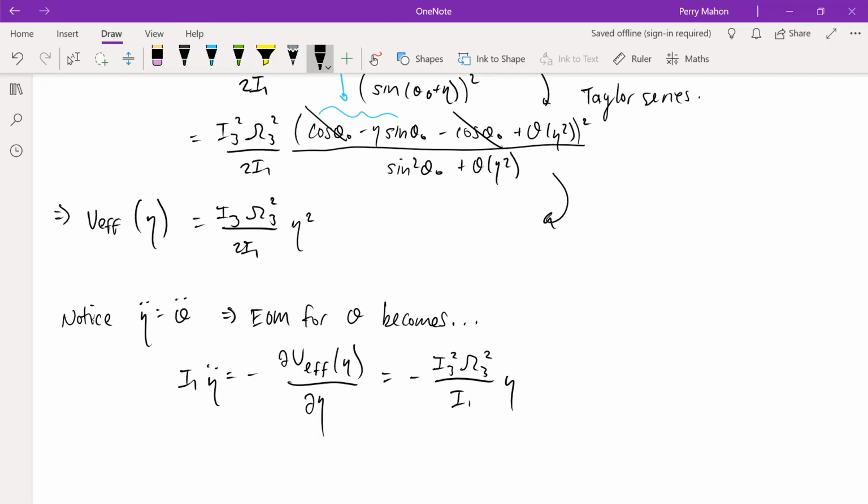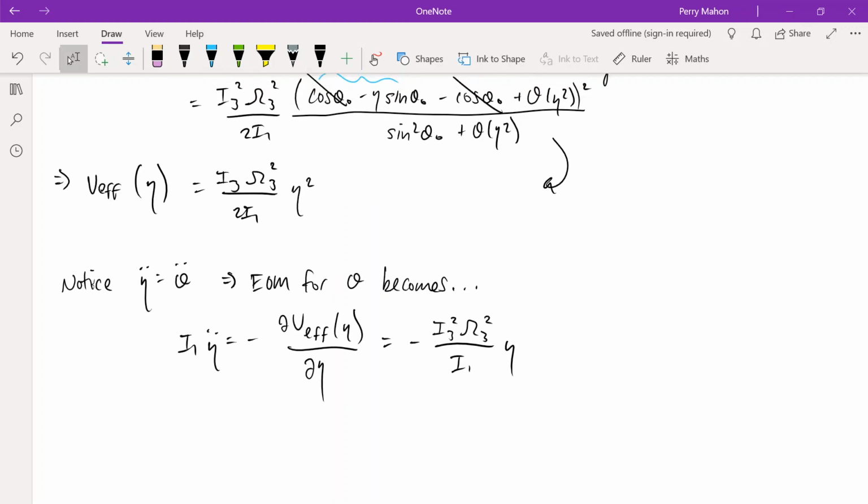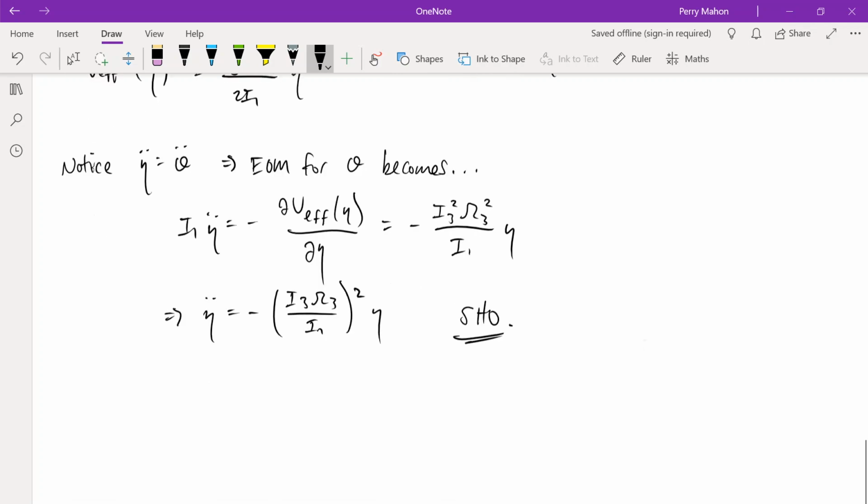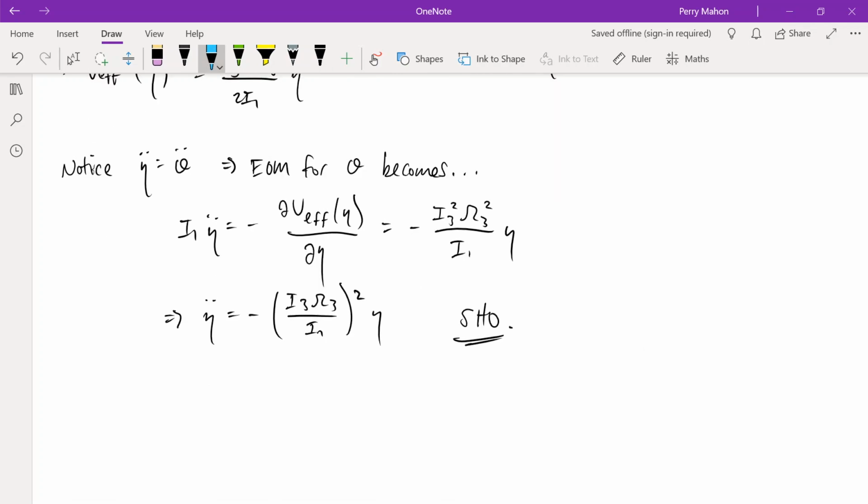Alright, so to leading order in eta, we see that eta double dot is just minus this I3 omega 3 over I1 squared eta. And you notice that this is kind of like a simple harmonic oscillator. And so from this we can just identify a nutation frequency.